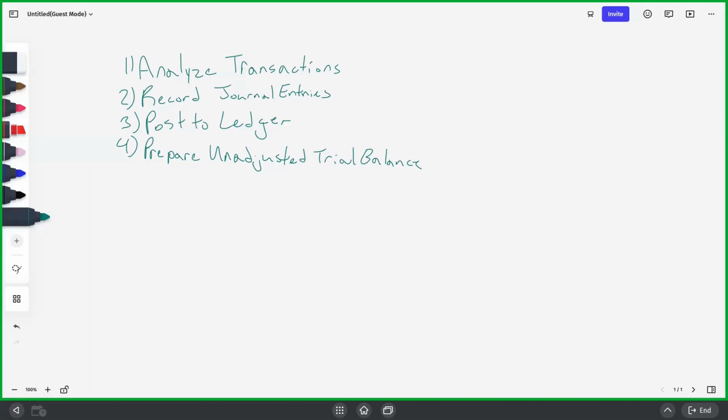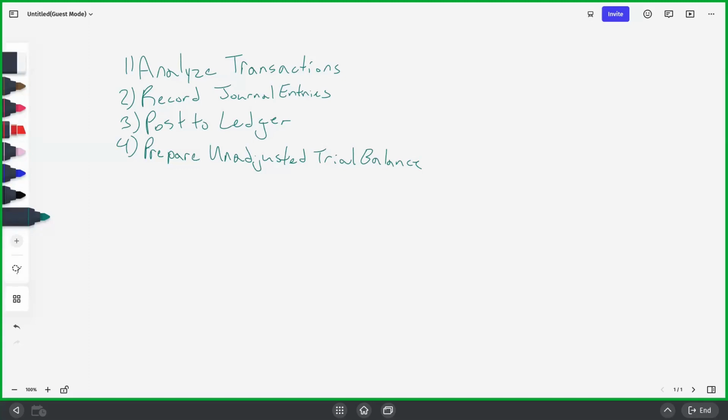Next, you post these to your ledger, aka T charts. And then you make that unadjusted trial balance, which mine was technically adjusted, but you're going to learn that in chapter 3. A trial balance is basically what I threw at you before the financial statements, where everything is just listed. Any questions on any of this?